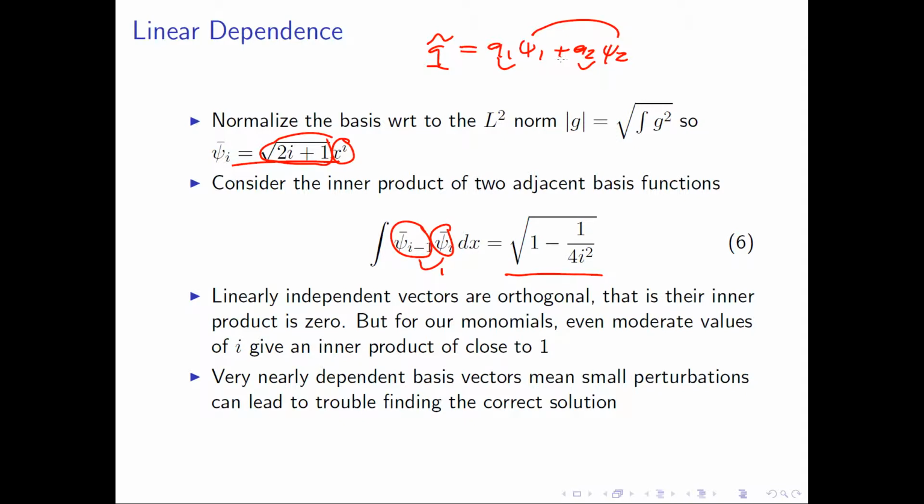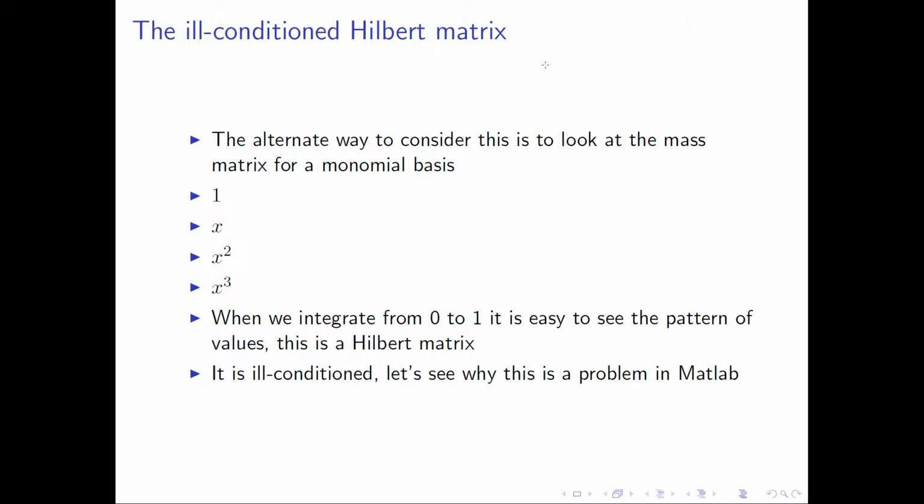So the other set of problems associated with the monomial basis has to do with what's called the Hilbert matrix. One alternate way to consider this is to look at the mass matrix for this monomial basis. So let's say we didn't realize that our bases are very nearly dependent, and we moved forward and started trying to use this in our discrete solver. Recall from our simple solver that our mass matrix is the integral of our solution approximation bases times our weighting bases.